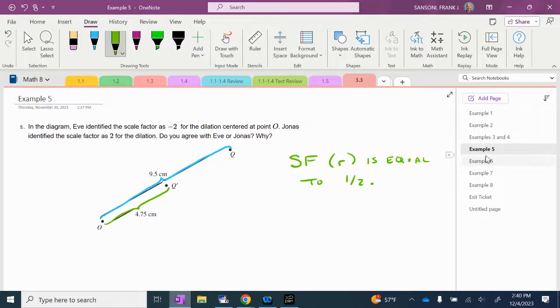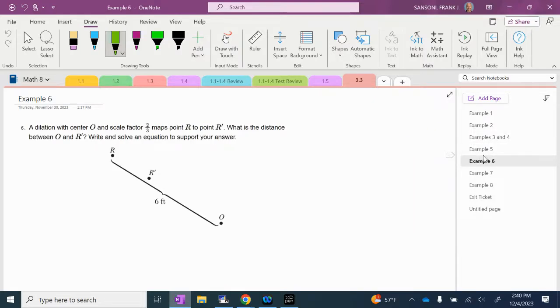3 more and we're done. Example 6. It says a dilation with center O and a scale factor of 2/3 maps R to point R prime. What's the distance between O and R prime? So we know that the original OR times the scale factor gives us OR prime. What's the original length? 6.